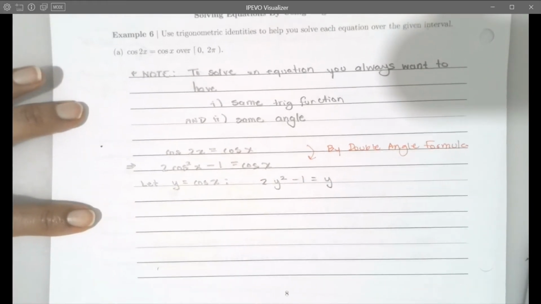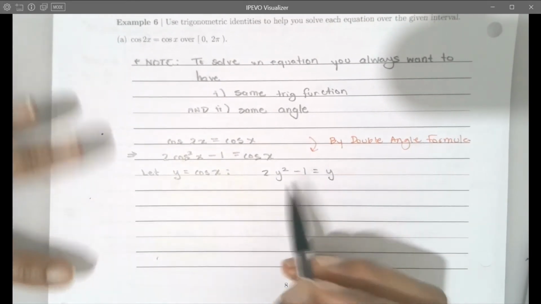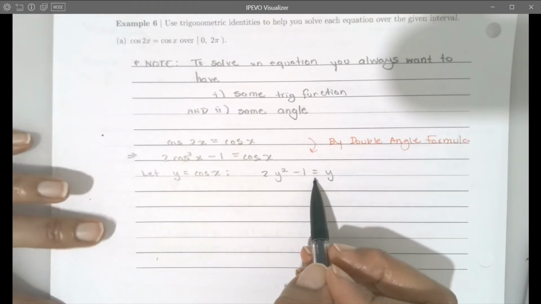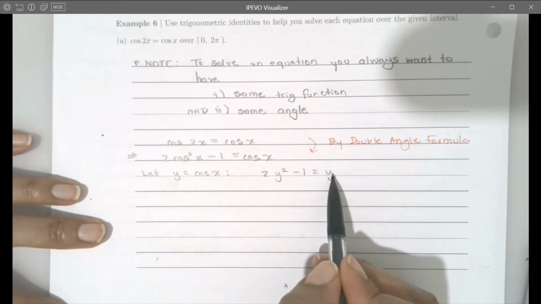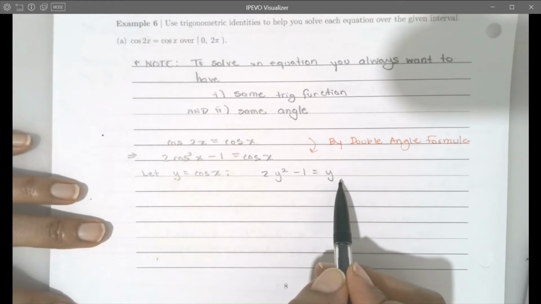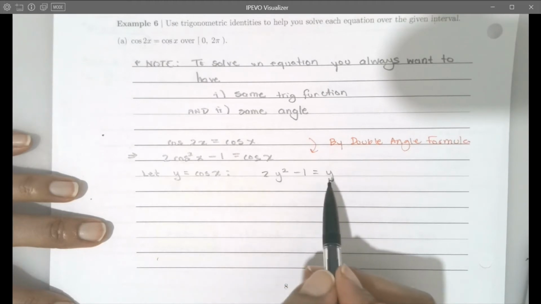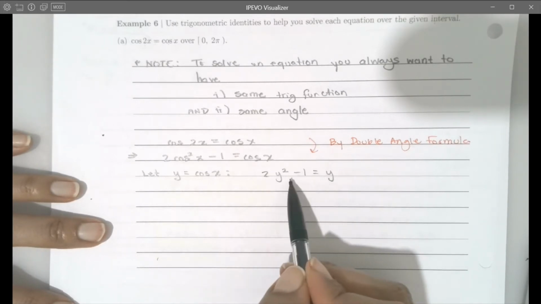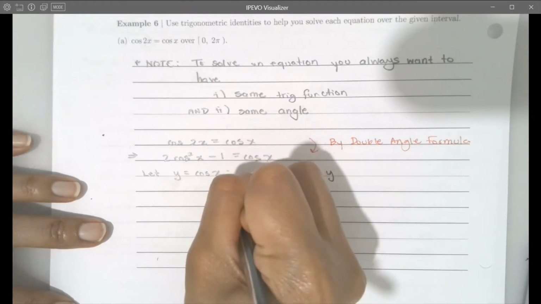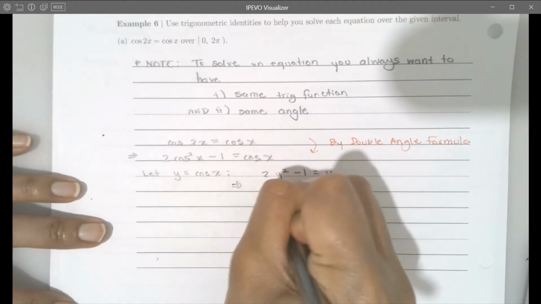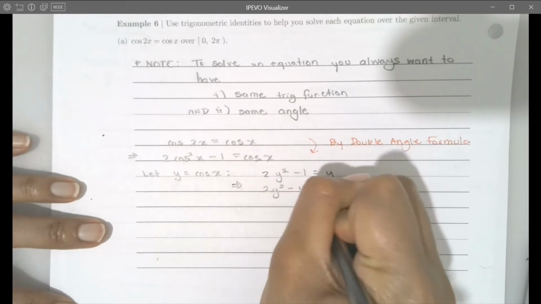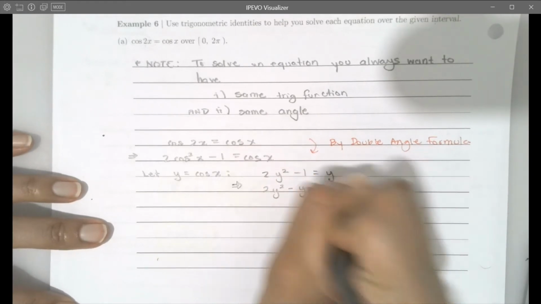That lets us see a little bit more clearly that this is a quadratic equation. Okay, so how do we solve this? Well, one way to do it is by factoring, similar to what we did with example 5, part D. So in this case, that means that we have to subtract the y from both sides. So we'll get 2y squared minus y minus 1 is equal to 0.